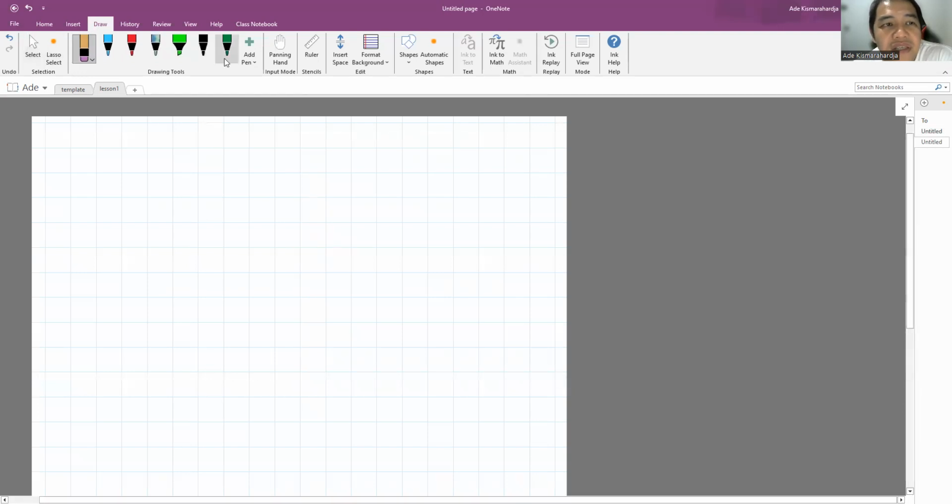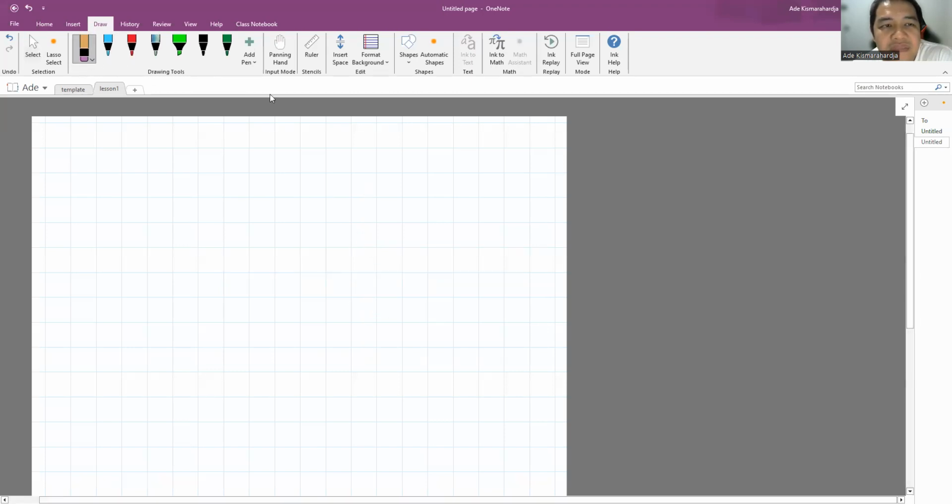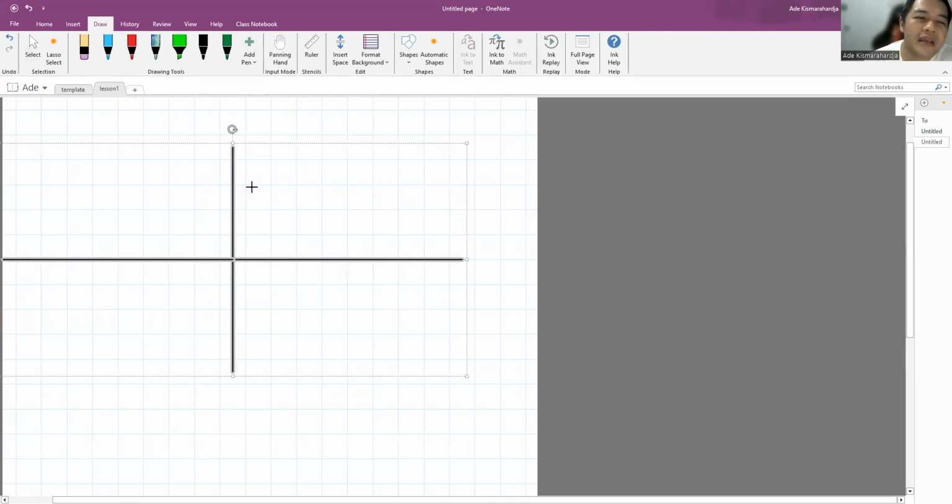Now, let me make a better Cartesian coordinate. Yep.